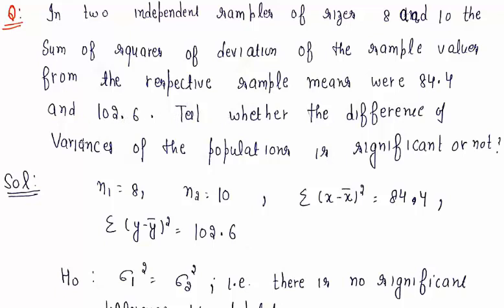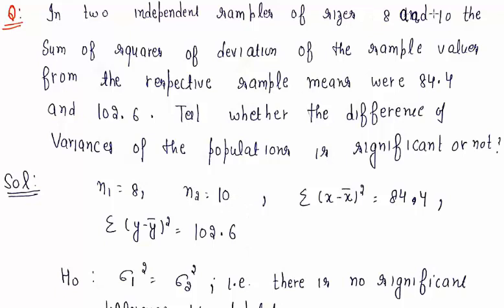Test whether the difference of variance of the populations is significant or not. So in this problem two samples are given. The size of the first sample is 8, the size of the second sample is 10. Let us denote the size of the first sample by N1. N1 equals 8 and N2 equals 10.